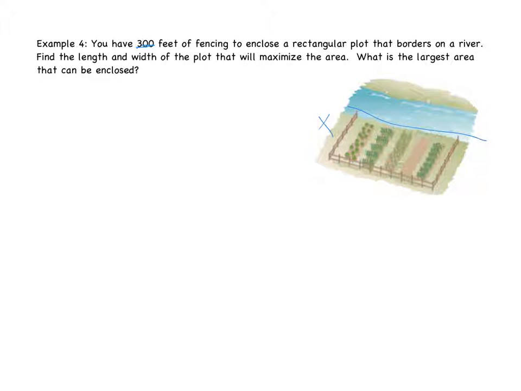So whatever I end up picking for that side, the side across from it is going to be the same because we're making a rectangle. And if I have 300 total feet of fencing, whatever x is, I'm using that amount over here. So for this third side, I would have 300 feet total to use minus 2 times whatever x is.